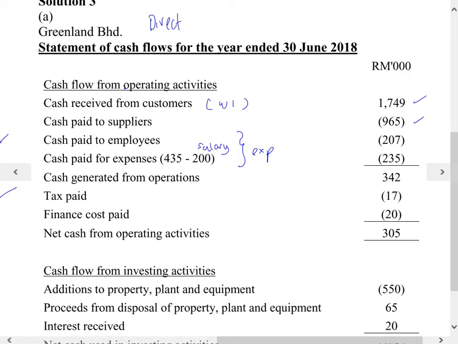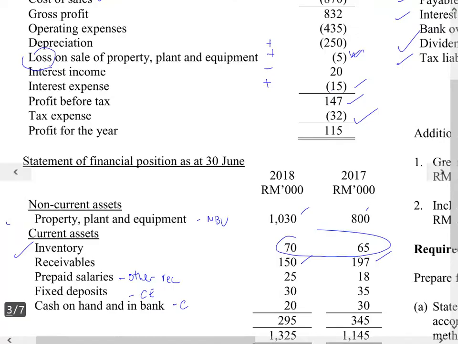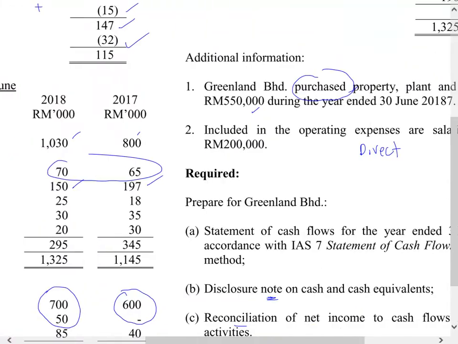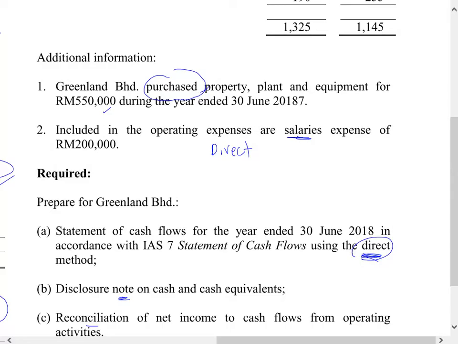So customer, supplier, and the next thing is to show the amount paid to employee. You notice just now, we didn't bother to look at note 2 because it's related to salary, employee only, relevant for direct method.